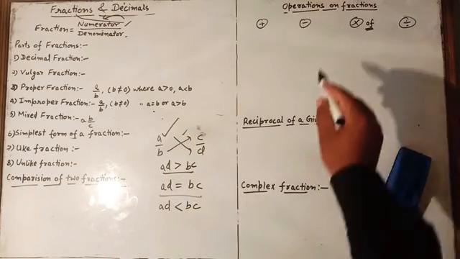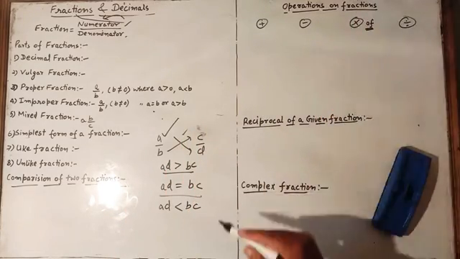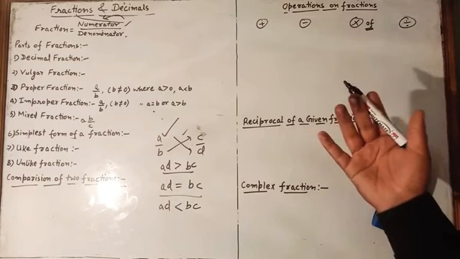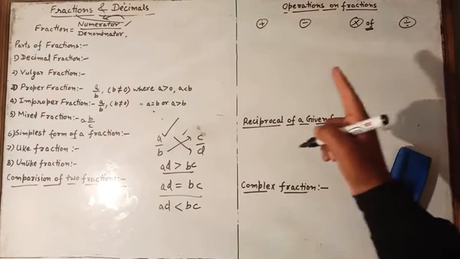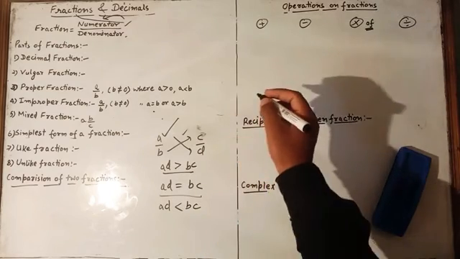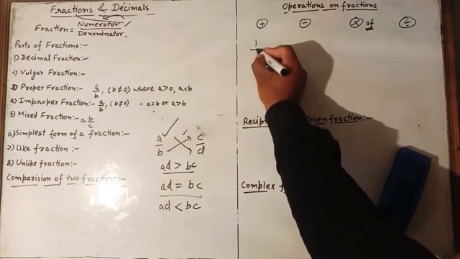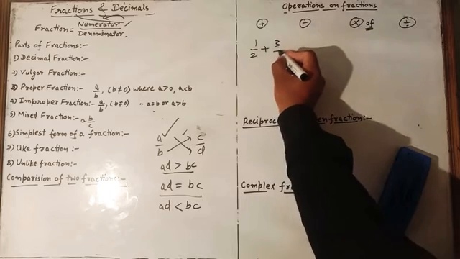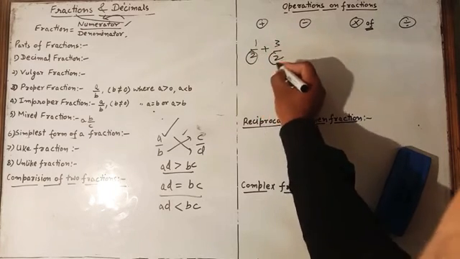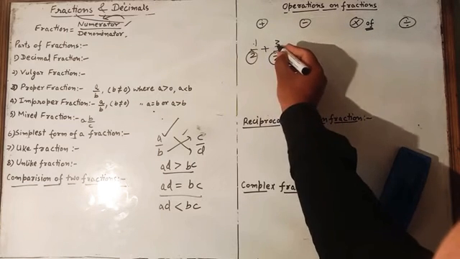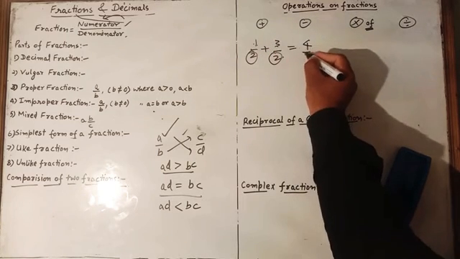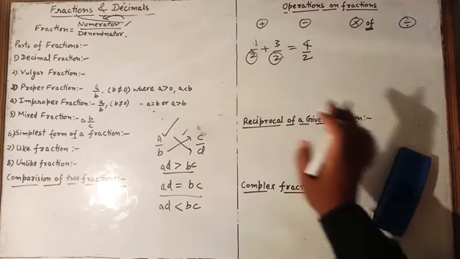Now come to the operations on fractions. See, the four basic operations are addition, subtraction, multiplication and division. So in the case of addition in fractions, if it is 1 by 2 plus 3 by 2, see, if like fractions are there, with both denominators the same, then we will simply add the numerators, 3 plus 1, 4, and write the denominator as it is.